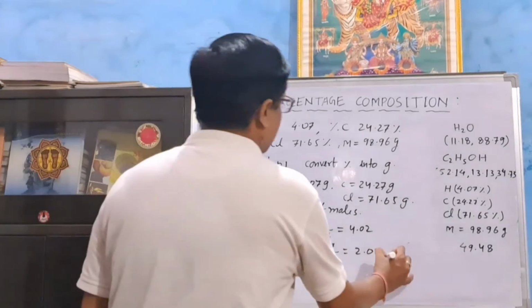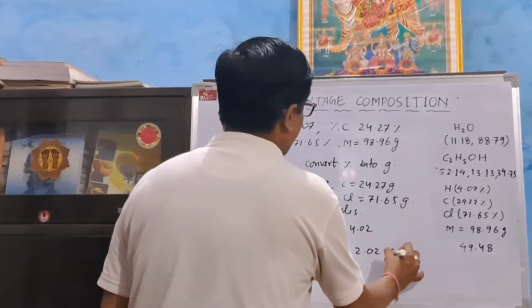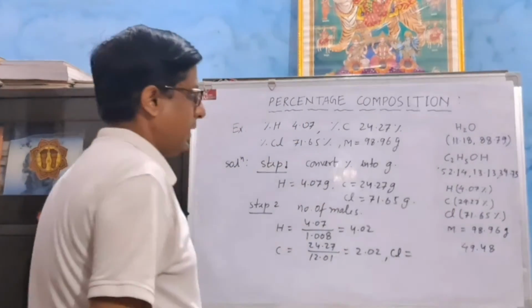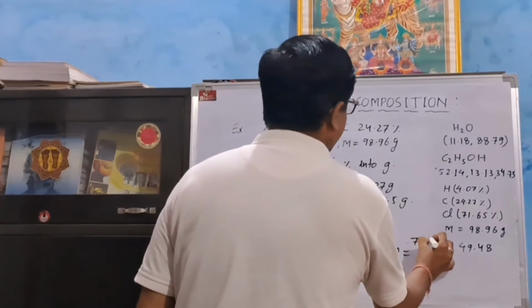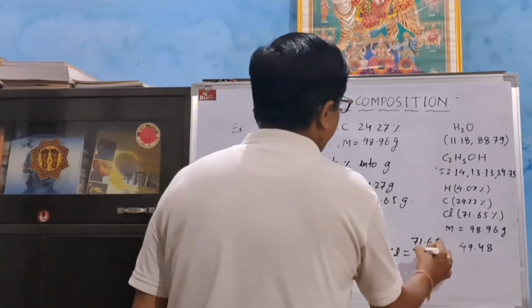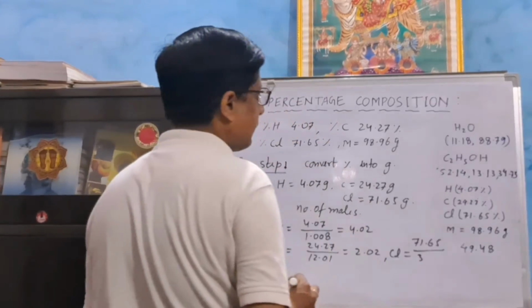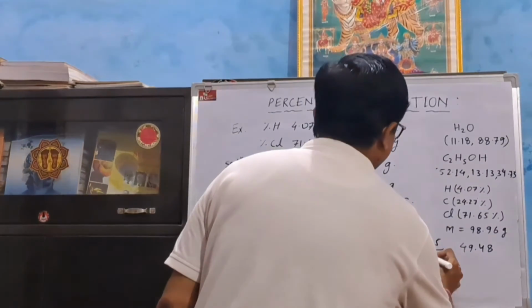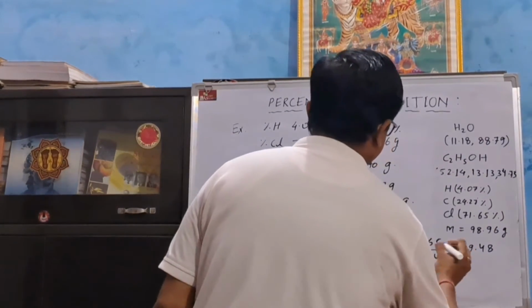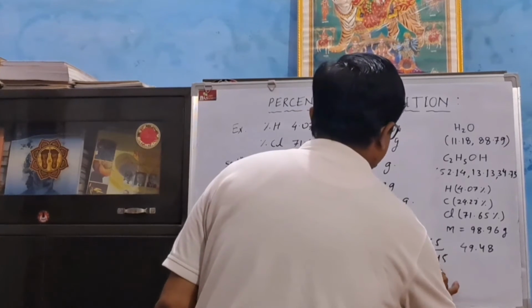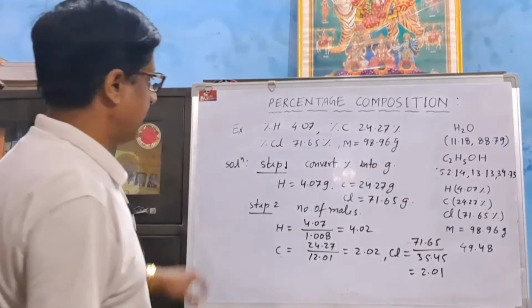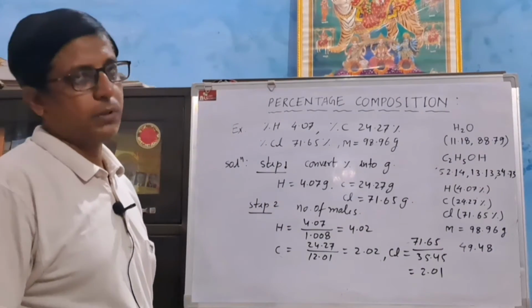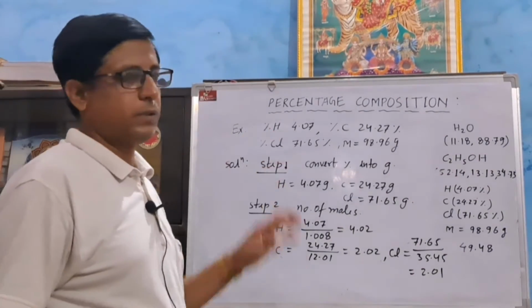Similarly, the number of moles of chlorine is equal to the mass of chlorine, it is 71.65 divided by 35.45. It is approximately 2.01. In the second step, we have obtained the number of moles of each element.